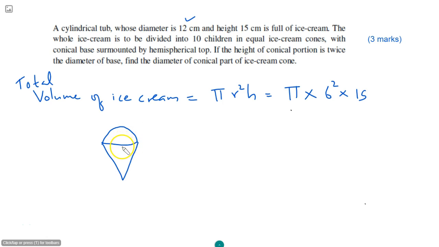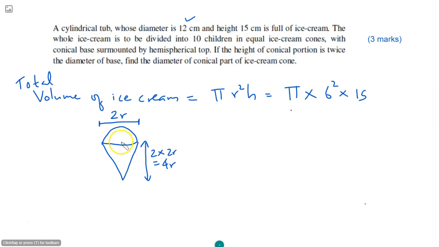So first let's take the radius of this hemisphere, which is equal to the radius of the cone. If the radius is r, the diameter is going to be 2r, right? And it says the height of the conical portion is twice the diameter of the base. So this height is going to be 2 times 2r, or that's going to be 4r. So 4r is the height of the cone.